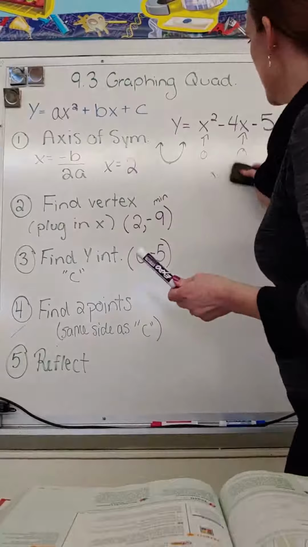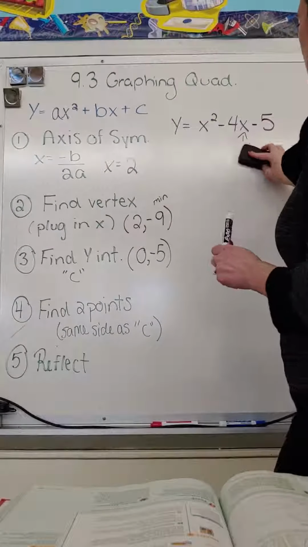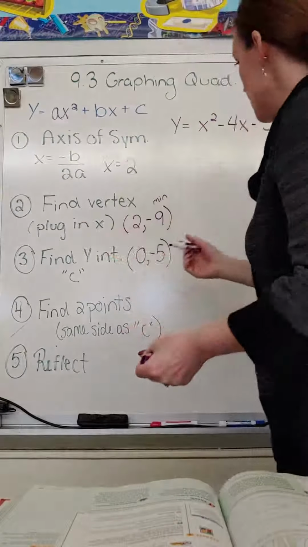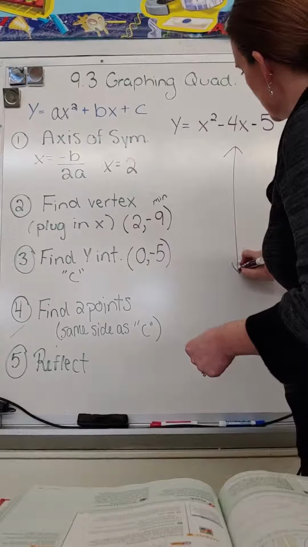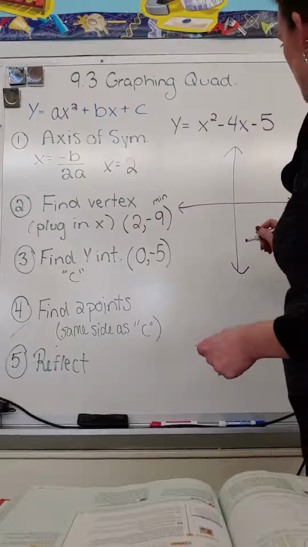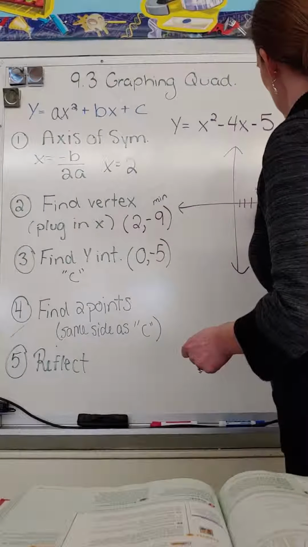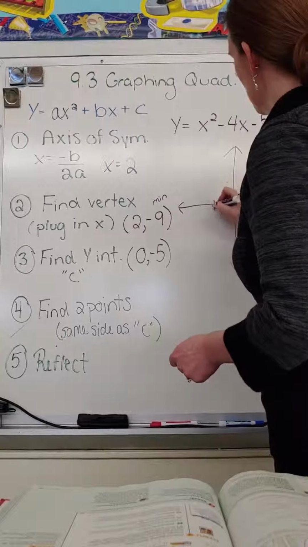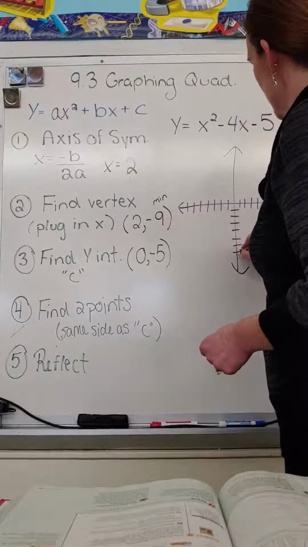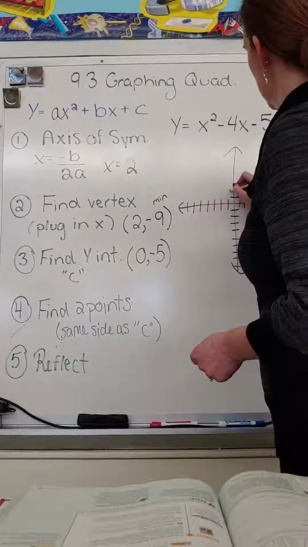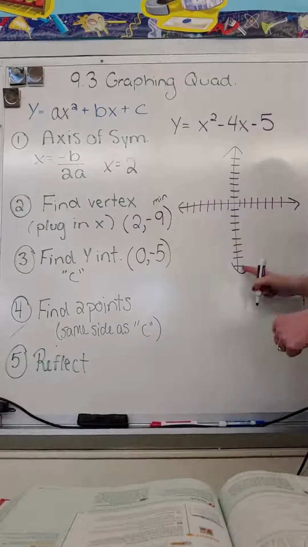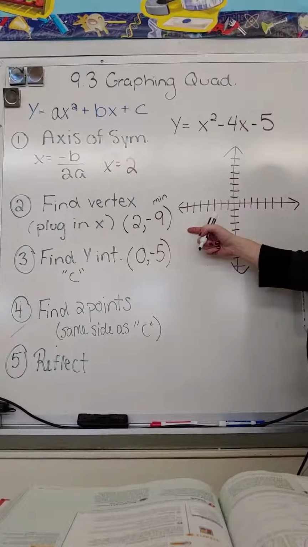So this is going to be a really ugly sketch, but what you have so far, which you would want to do nice and neat on graph paper, is plot the points that you have so far. All right, so I had to make sure I went down to 9 here because my vertex is negative 9.